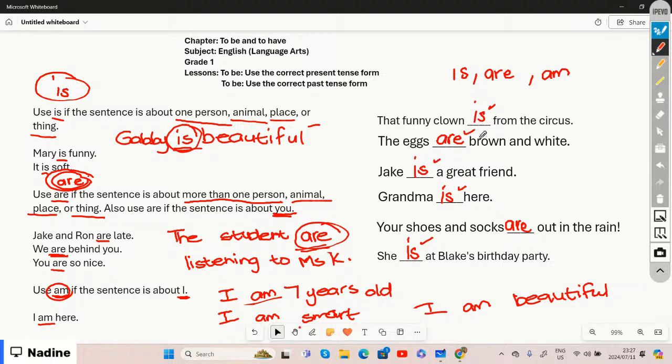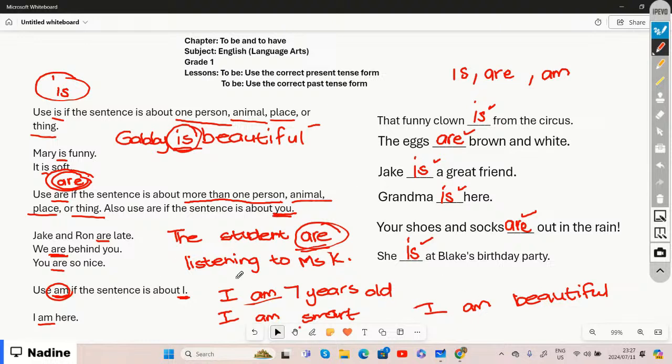We use the word are if the sentence is about more than one person, more than one animal, more than one place, or more than one thing. And we also use are if the sentence is about you, like you are strong, you are smart, you are beautiful.